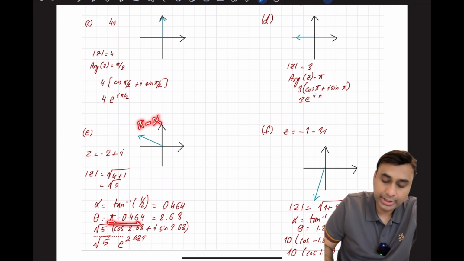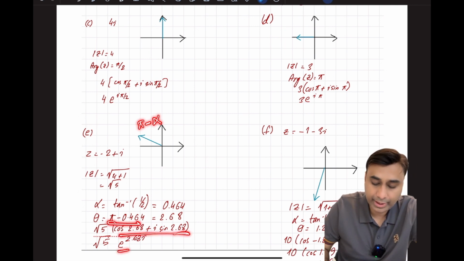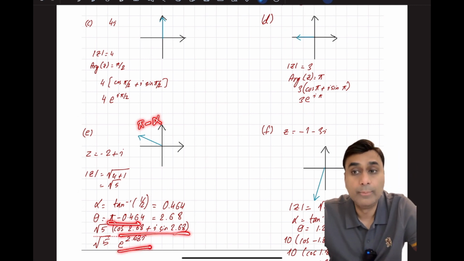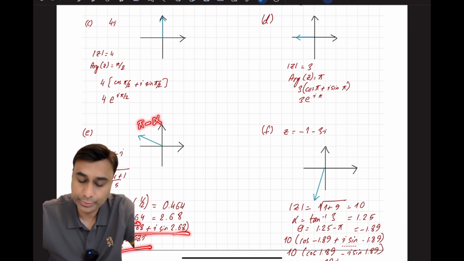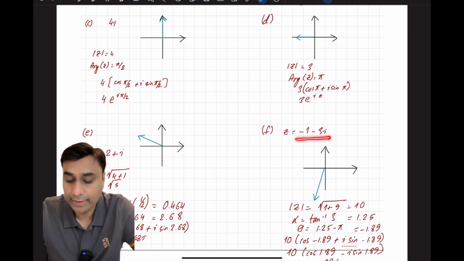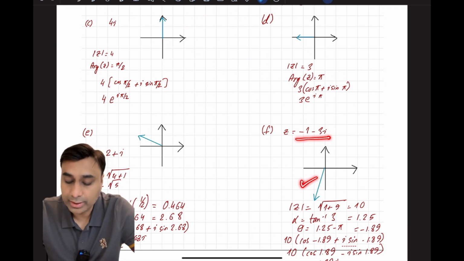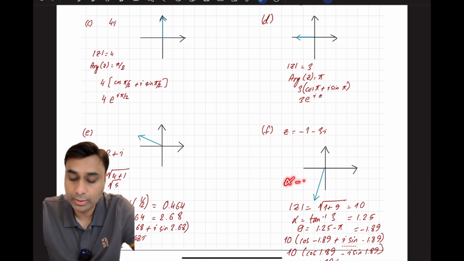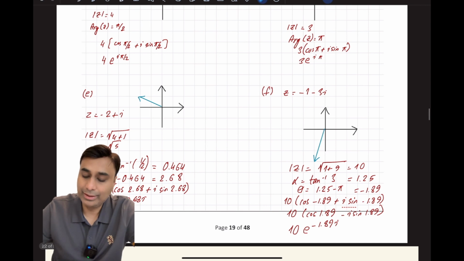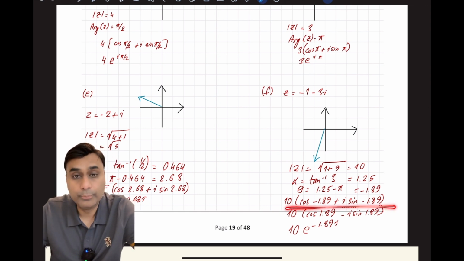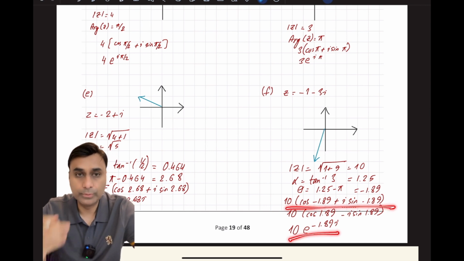So I do pi minus basic angle, I get the argument, and I can write it down into both polar form and the exponential form. Likewise, if I have something written down as minus 1 minus 3 iota, I'll first recognize it to be in the third quadrant so that I can recall the formula alpha minus pi for this. So I'll find the modulus, I'll find the argument, I'll apply the formula alpha minus pi, and then I can instantly write it down into the polar form as well as the exponential form.